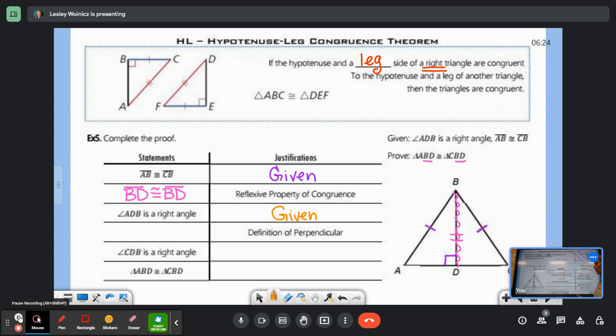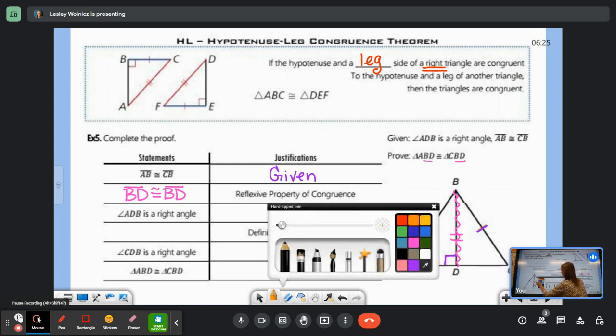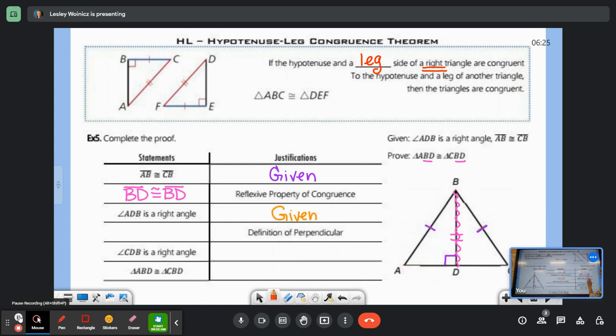Now, what I know if that is a right angle, is that BD is perpendicular to AC. And that comes from the definition of perpendicular. So that's my next step. BD is perpendicular to AC.